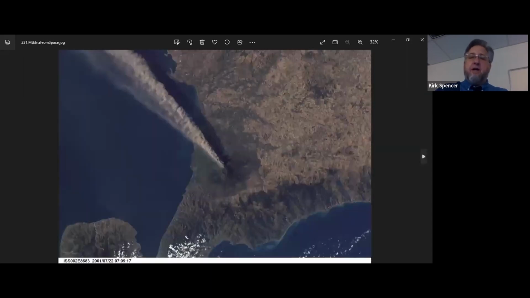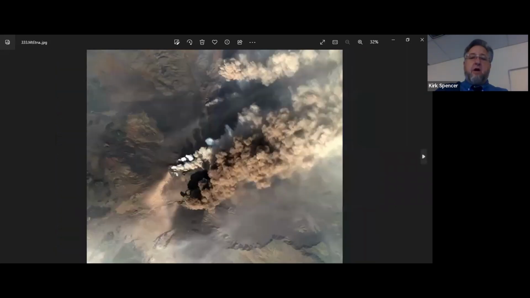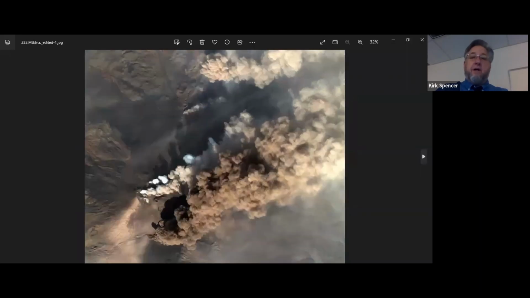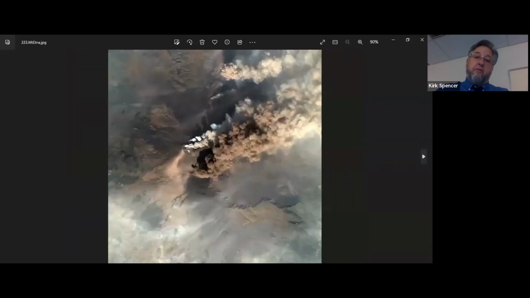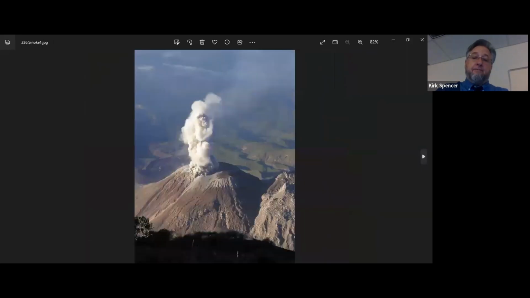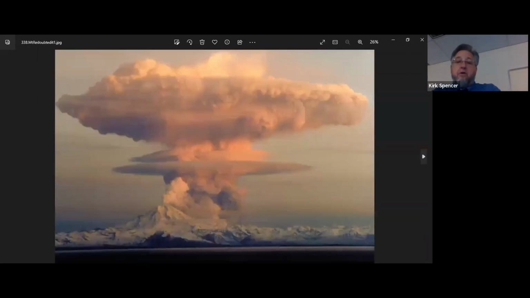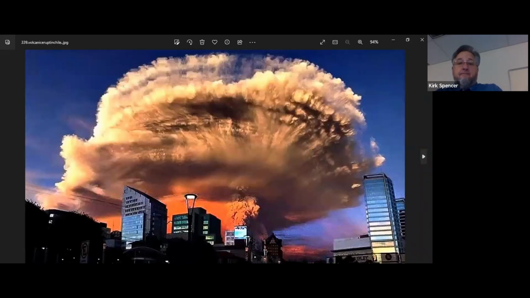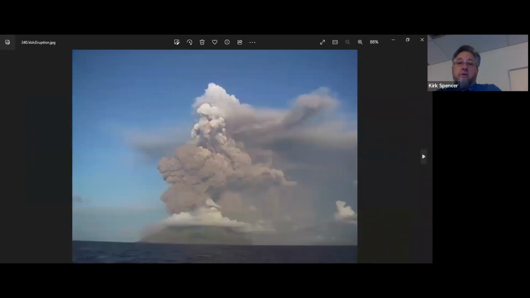I think it was erupting in the 90s, causing all kinds of consternation. These are images of Mount Etna at different stages of its eruption with its plumes of pyroclastics. They can be quite massive, especially during the main eruption. Looks like a cloud, but it's not. It's pyroclastics from a volcanic eruption.